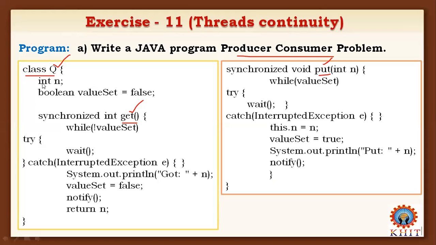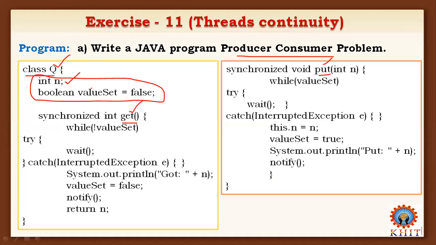For the get method and put method, we have two common variables used by these two methods for their intercommunication. The variable n is the value which is used to produce a value into that variable, and that variable is also used by the consumer process to get the value.